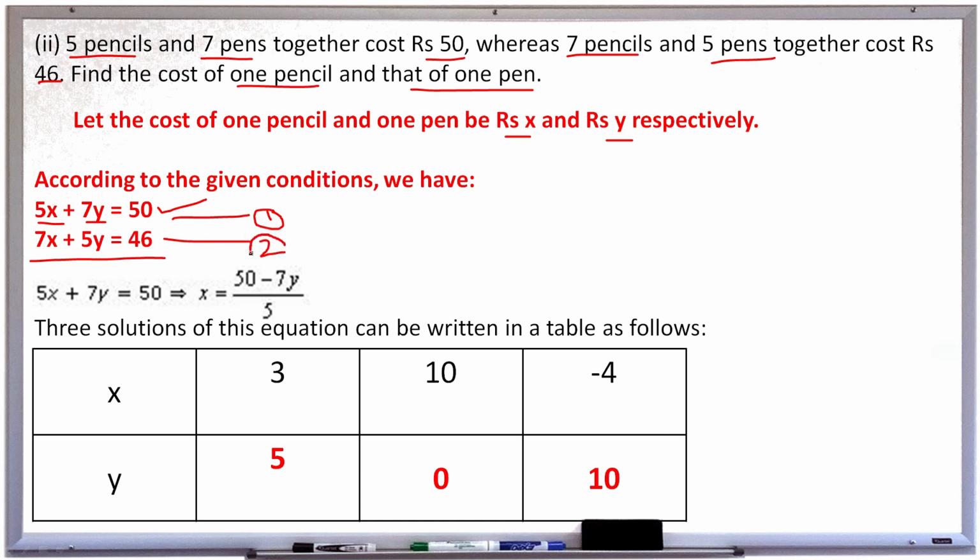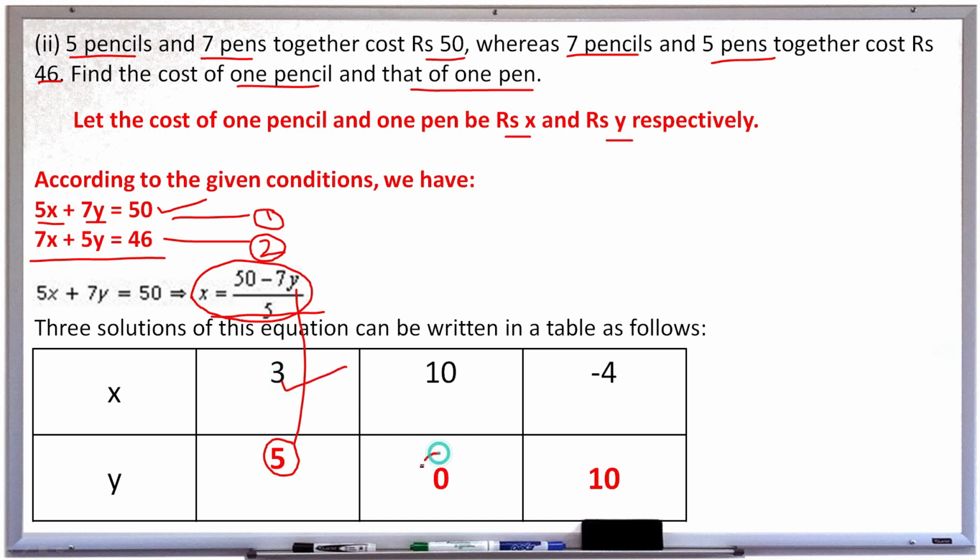Now we are going to solve these two equations and represent them graphically. There are solutions for this. 5x plus 7y is equal to 50. We can write this equation in terms of x, so it is easy to get the value of y. If you put y is equal to 5 in the equation, you will get x is equal to 3.